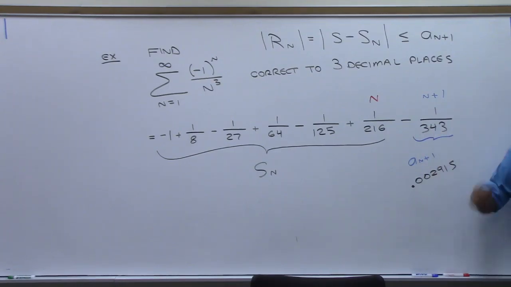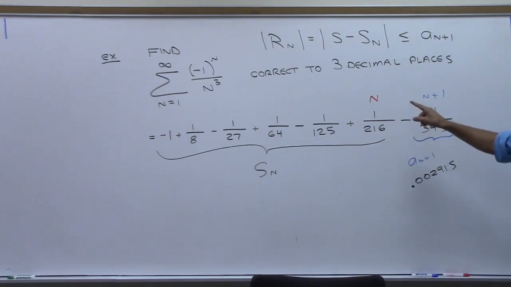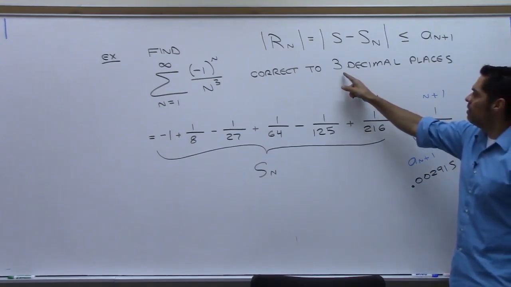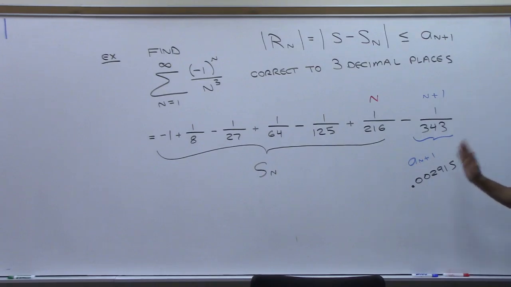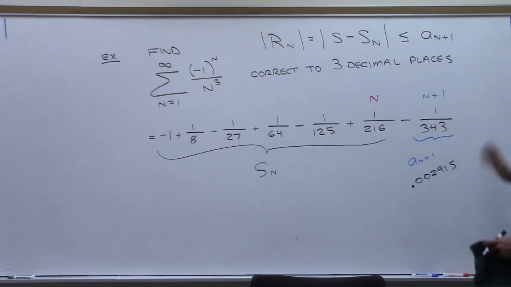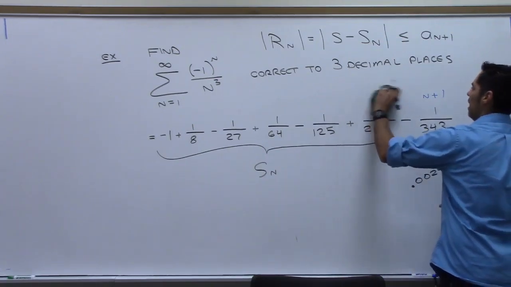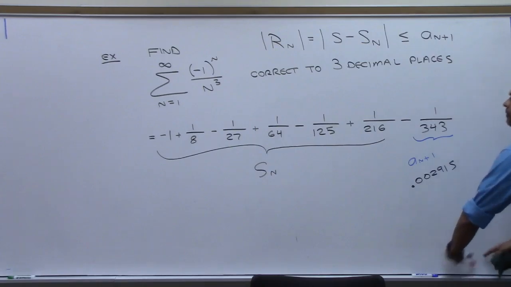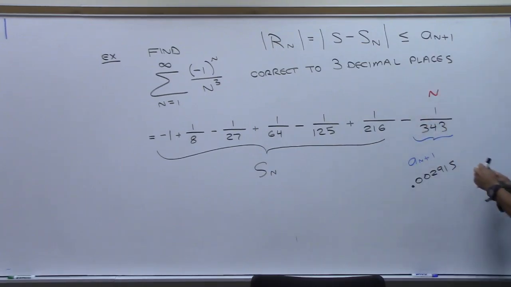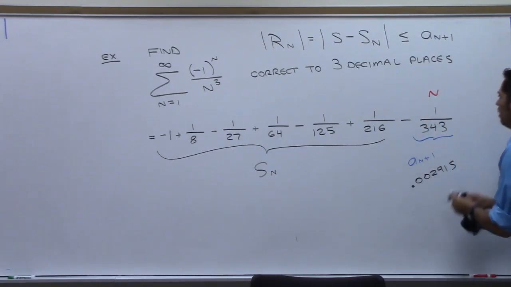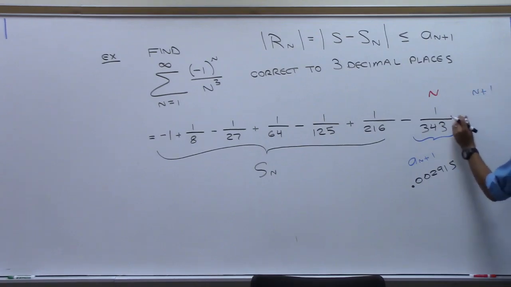All right? I want to see how far I need to go out so that my first 3 decimal places are correct. So what I'll do now is let me start this over, and this time let's let this one be n right here. Okay, if I do that, what's the next one? Plus 1 over, what, 8 cubed?